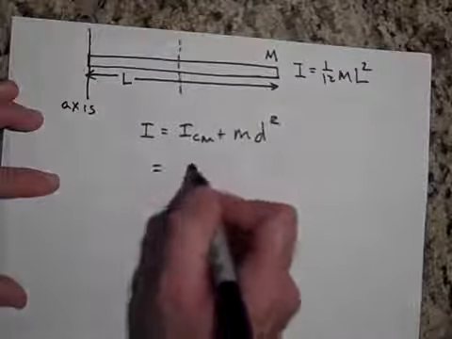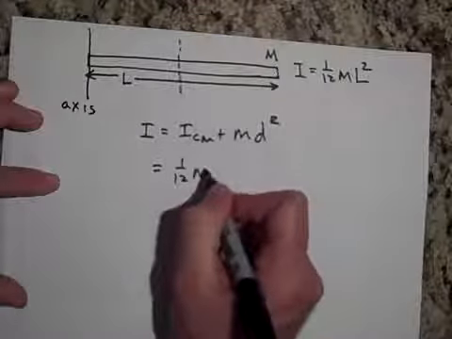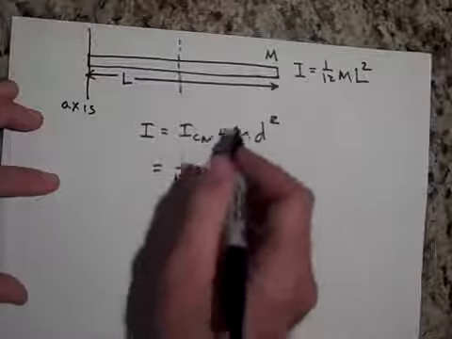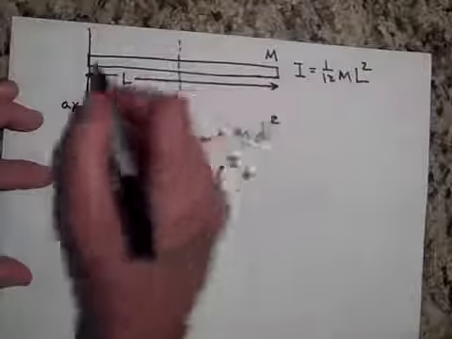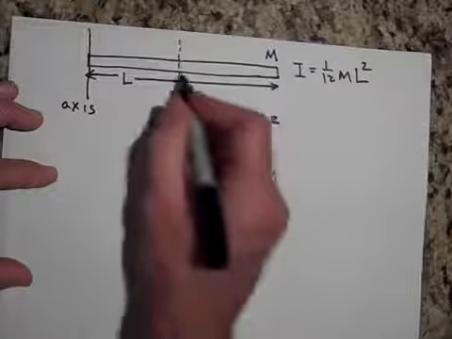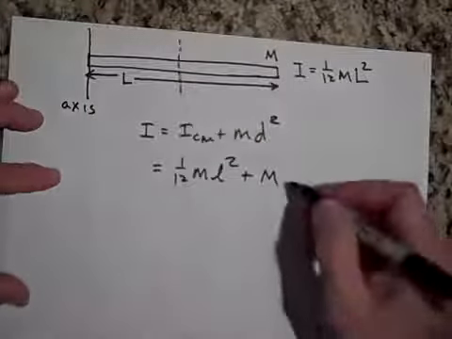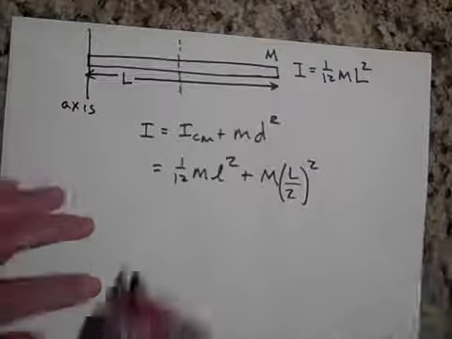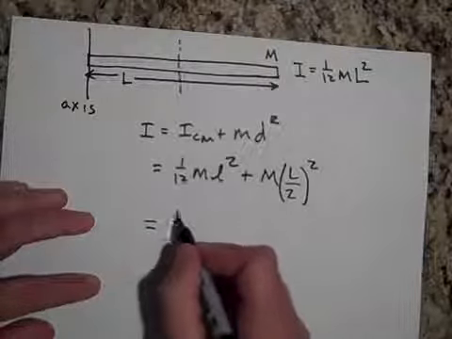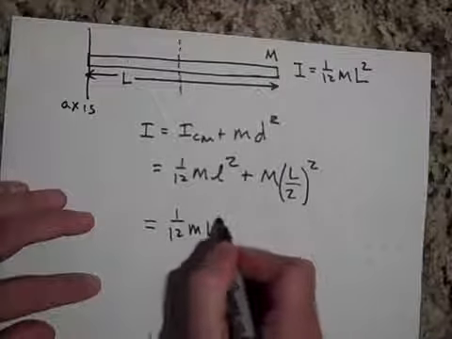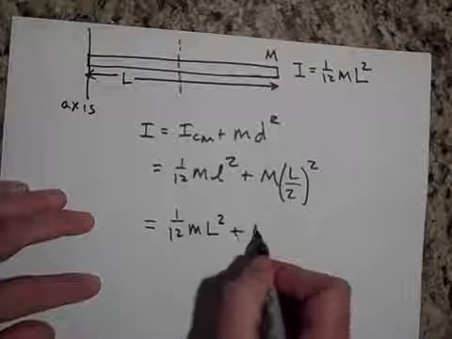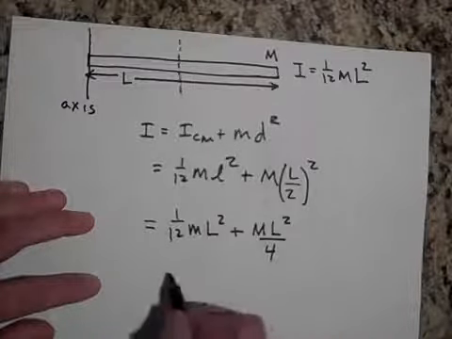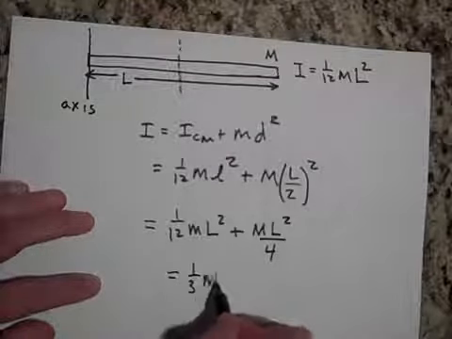The I through the center of mass is 1/12 ML squared, plus the total mass of the rod, M, times how far these axes are away from each other. So that would be L over 2 squared. So that's going to equal 1/12 ML squared plus ML squared over 4. If you do that, you'll see that it's 1/3 ML squared.